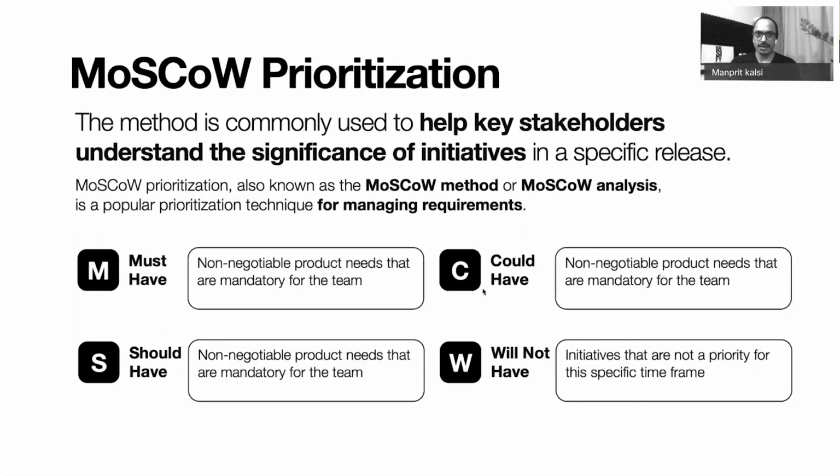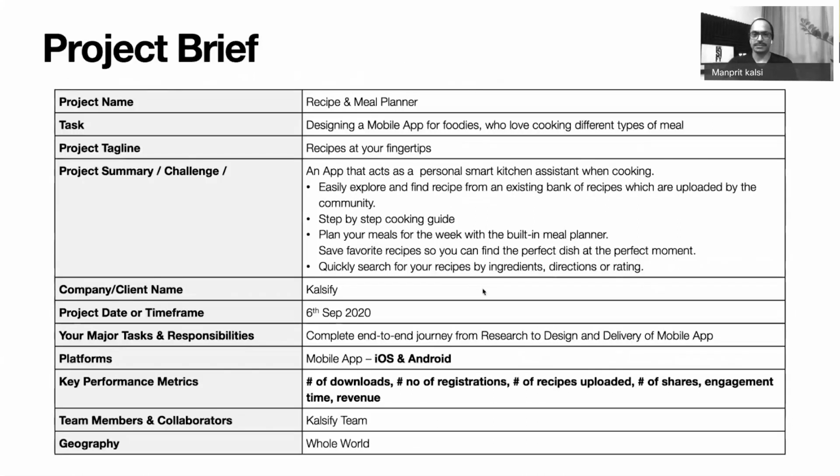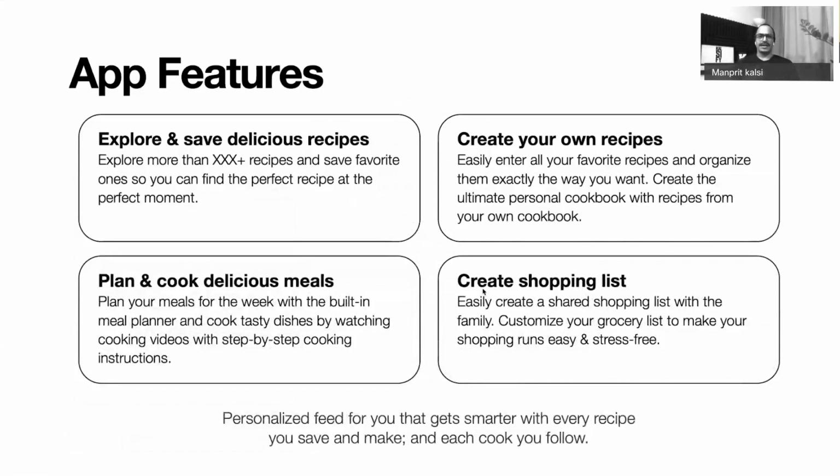Right. So now we have this. I did some research, and basis my understanding, I came up with these high-end feature lists. When the user is on the app, he should be able to explore the recipes and save or bookmark the recipes. The second is if he is a foodie and loves cooking, then he should be able to create his own recipe, upload, and so on.